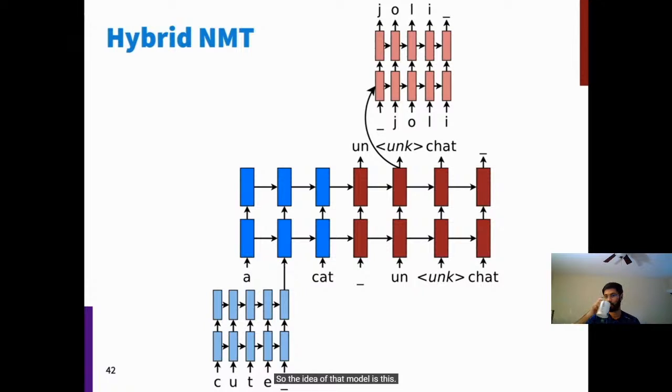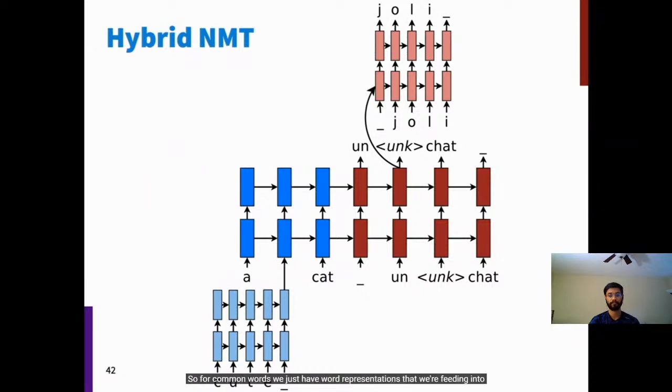So the idea of that model is this: we were going to run a pretty standard sequence-to-sequence with attention LSTM neural machine translation system. It's actually a 4-level deep system, but in my picture I showed less than 4 levels stacked to make it easier to see things. And we're going to run this with a reasonable vocabulary of 16,000 words.